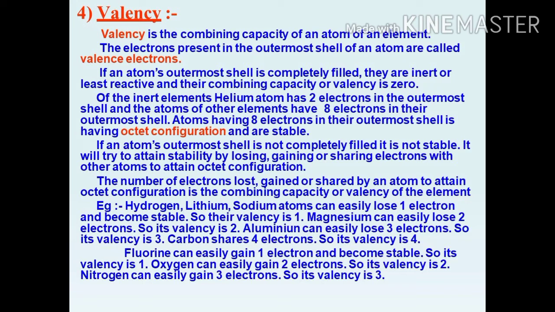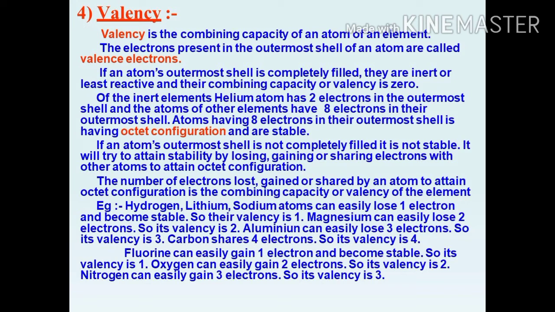If an atom's outermost shell is completely filled, it is inert or least reactive. Its combining capacity or valency is 0. Completely filled means the outermost shell should contain a maximum of 8 electrons.